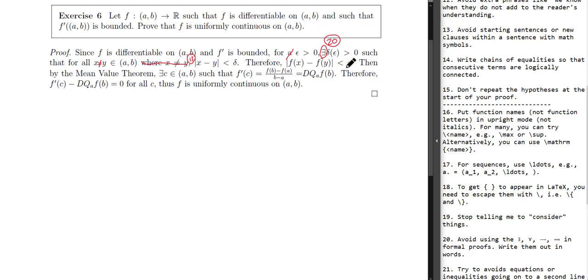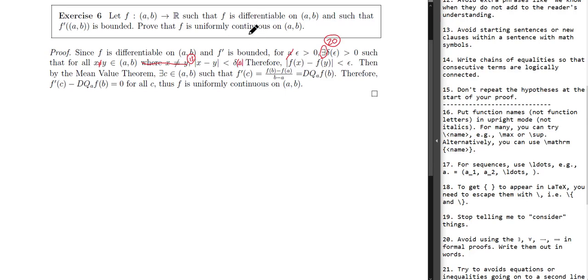But that's not what you're saying. You're actually saying that there exists a delta such that x and y are within delta. Now, besides the fact that you wrote here delta of epsilon and here just delta, that's its own problematic part, right? So you'd want to call this delta of epsilon also.